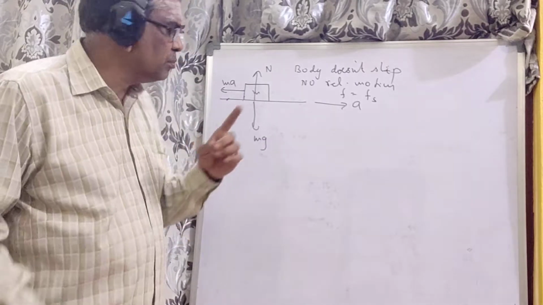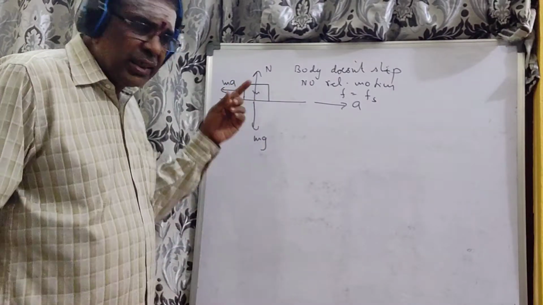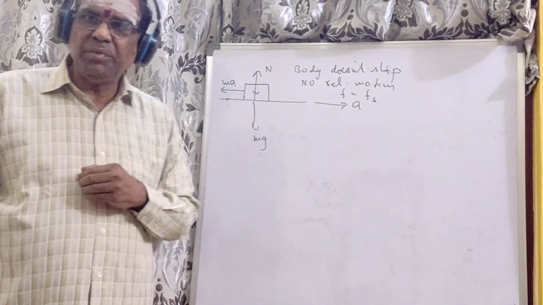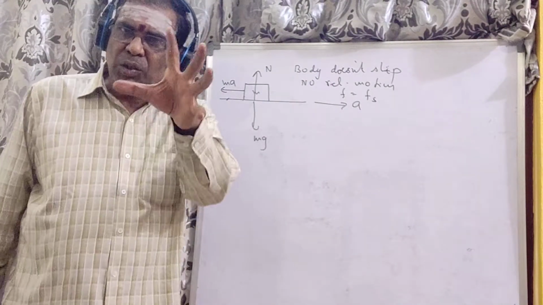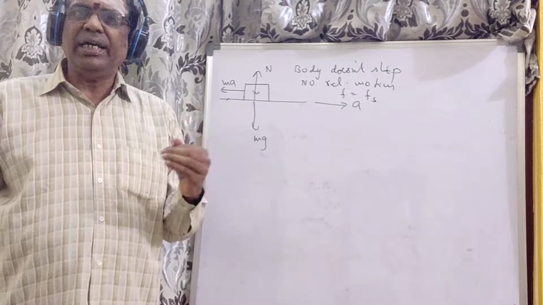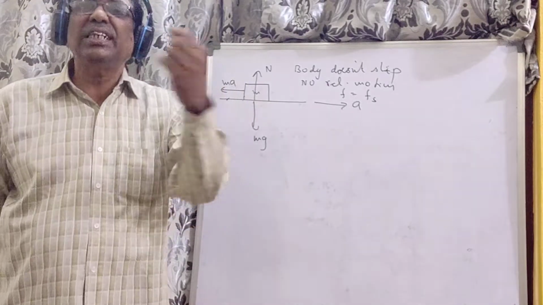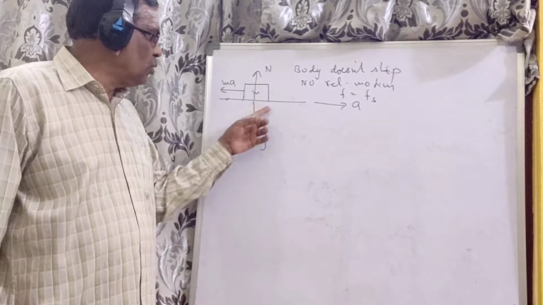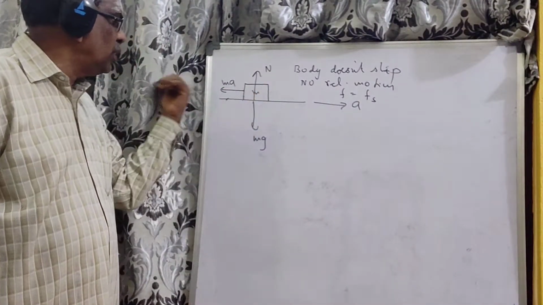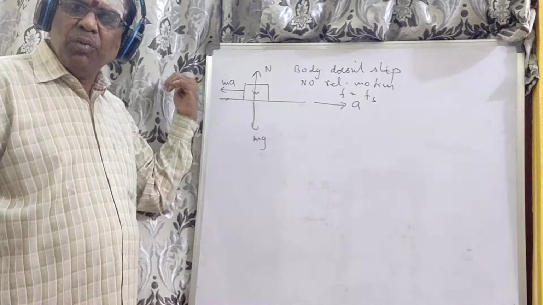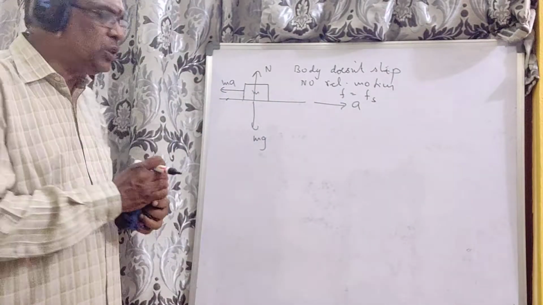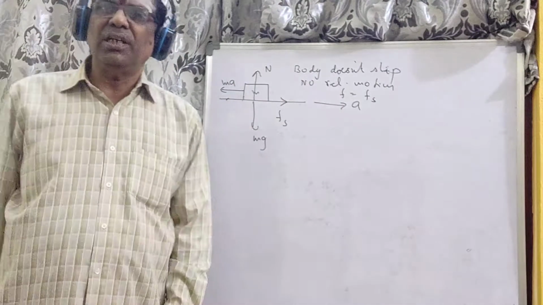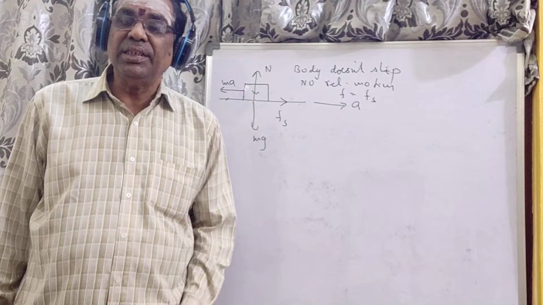Number one, if friction were not to be there, in what direction could the body have slipped relative to this? Relative to this means if you move it, the body will definitely move backwards. Opposite to that is your static frictional force. Is that clear to you?